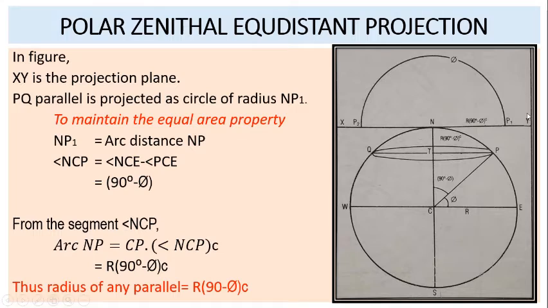That is the radian measurement, 1 radian. Pi radian is equal to 180 degrees, or 1 radian is equal to 180 by pi.